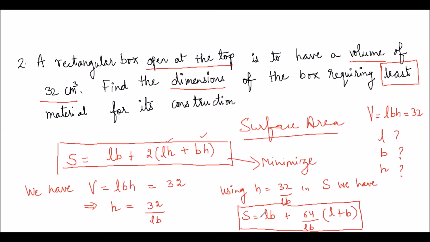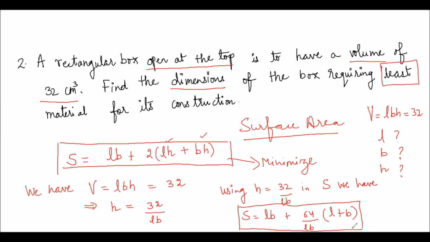So what we have to do, for this S, find out its critical points by considering first order partial derivatives and equating them to 0. Then at those critical points, obtain RT minus S square. After doing this, we will be having some conclusion regarding the values of length and breadth. And once we have length and breadth, we can easily find out H. And this will give you the dimensions of the box.